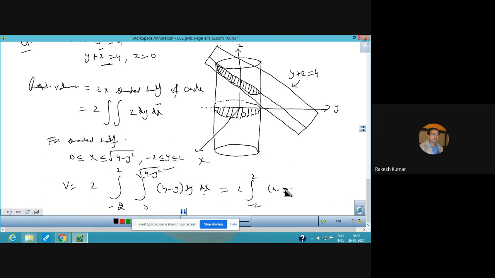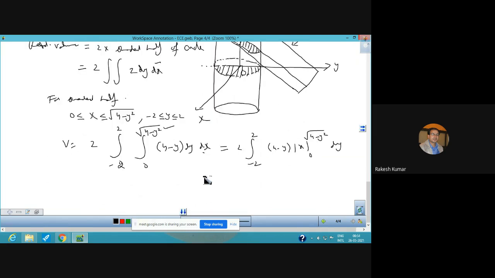Now you can integrate with respect to x first, because the limit of x is in a variable. So that is (4 minus y) times x, from 0 to square root of 4 minus y square, dy. Now you can substitute the limits here. 2 times the integral from minus 2 to 2 of (4 minus y) square root of 4 minus y square dy.